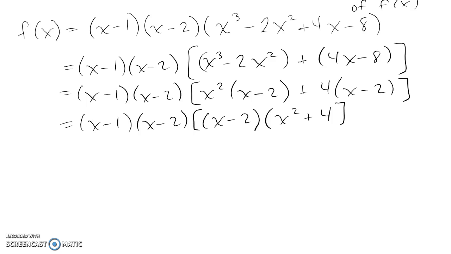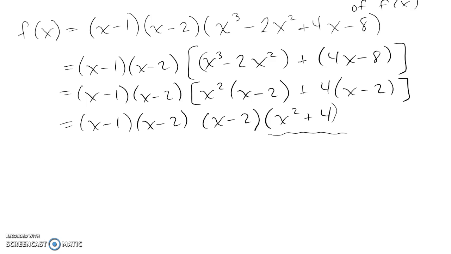And actually I don't need those brackets anymore, so I'm just going to get rid of them because that's really easy for me to do. Okay? Now it's looking to me like this is fully factored, right? How do I know that? Well, this x squared plus 4, is it factorable? No, it's the sum of squares, so I can't do anything.